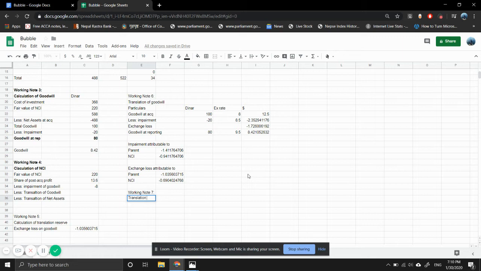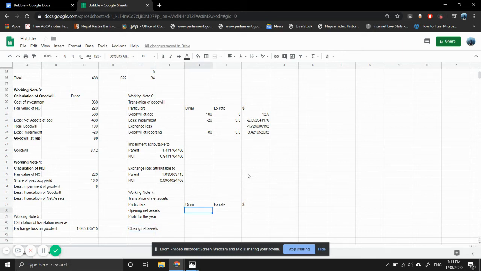Translation of net assets. Same thing, just a bit of difference. Opening net assets, profit for the year, and then closing net assets.